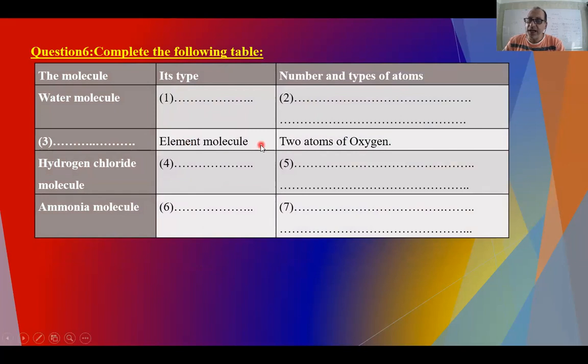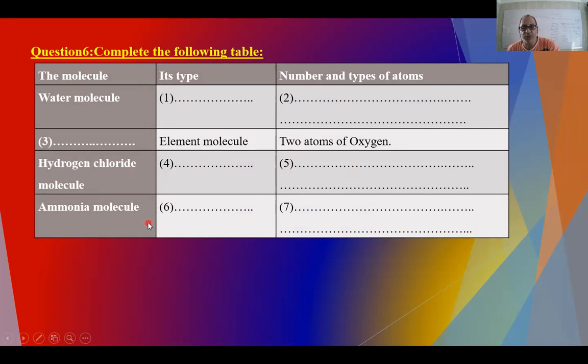Element molecule: it is an element and 2 atoms of oxygen, meaning O2. So what is this? Surely there is only 1 element, so it's an oxygen molecule. Be careful, 2 atoms. Hydrogen chloride molecule: since the type has more than 1 atom and they are different, not similar, the type is compound molecule. And it consists of 1 hydrogen atom and 1 chlorine atom.